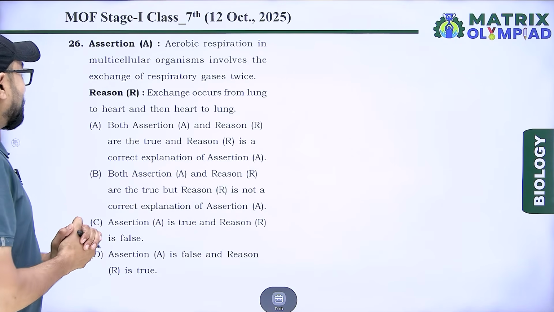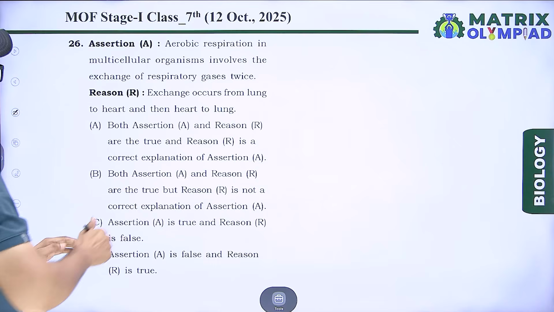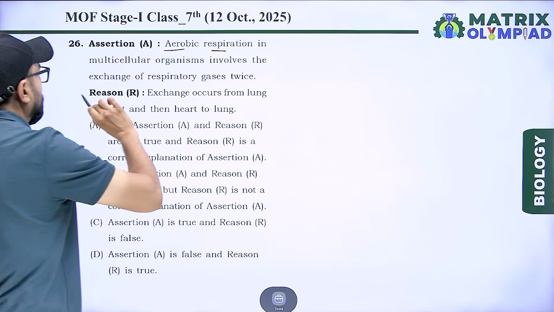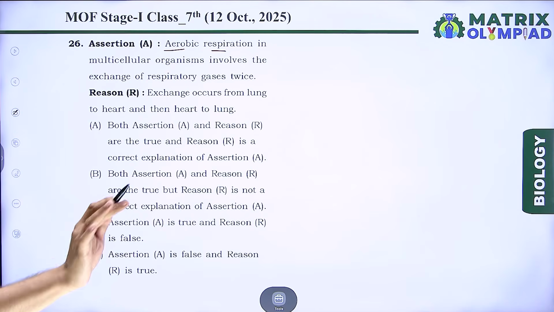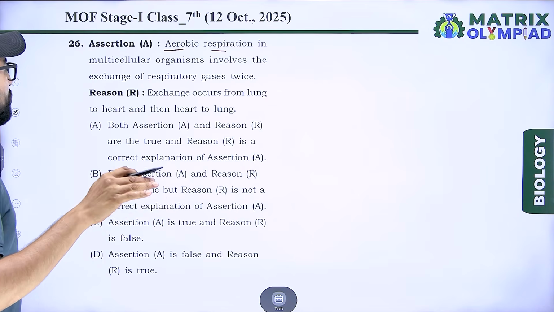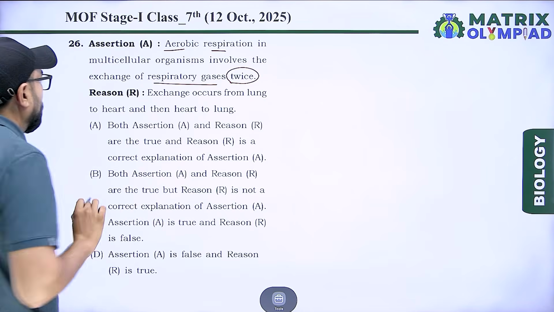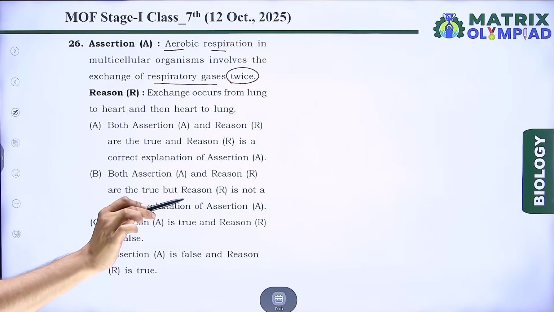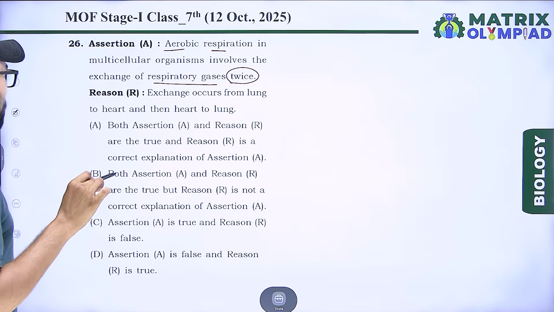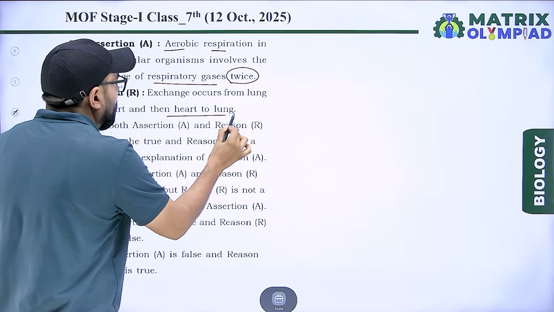Next, assertion A and reason. Assertion: aerobic respiration in a multicellular organism involves the exchange of respiratory gases twice. Reason: exchange occurs from lung to heart and then heart to lung.